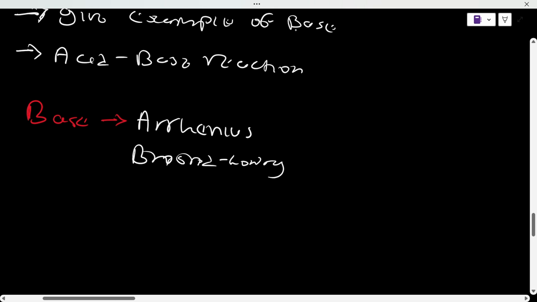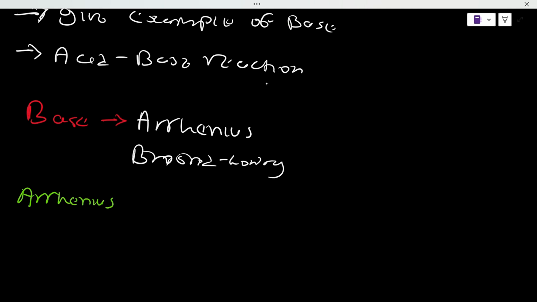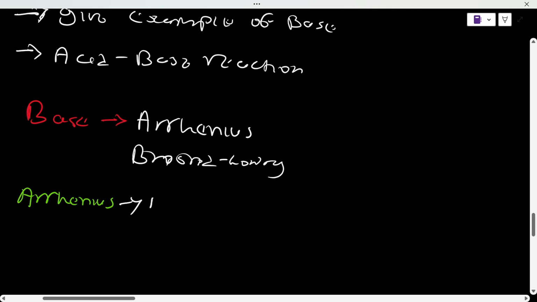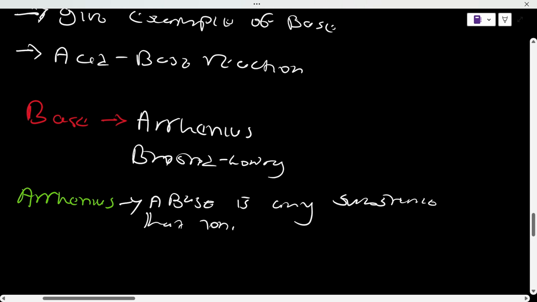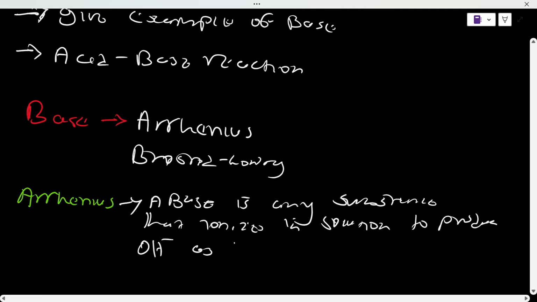Now, according to Arrhenius, a base, sorry, is any substance that ionizes in solution to produce hydroxyl ions, or the OH ions, as the only negative ion.